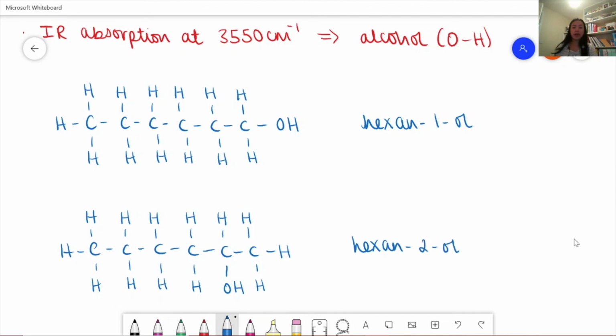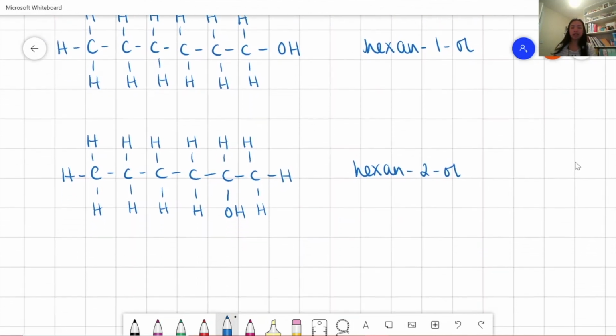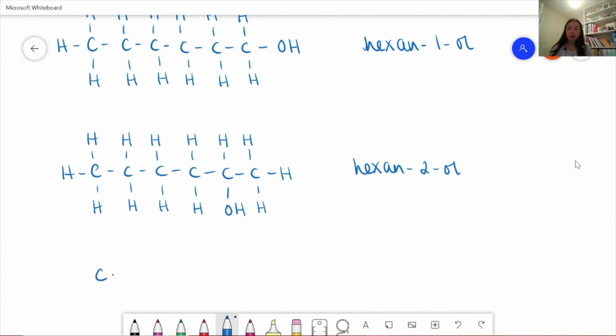And then finally we could have hexan-3-ol, so this time with the OH in the middle. So again we have this unbranched chain of carbons, and then this time we have an OH on this third carbon.